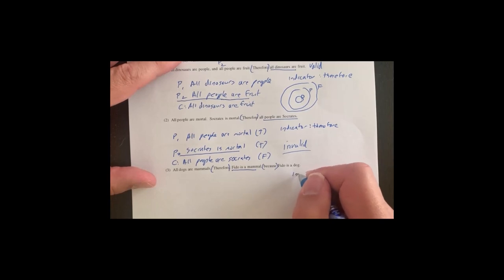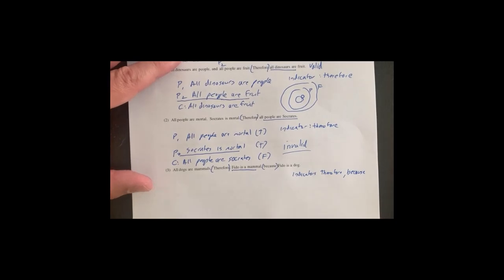So indicators: therefore, because. I'm not going to bother to classify them as premise or conclusion. So now the conclusion is that Fido was a mammal, and then the other two statements are the premises.